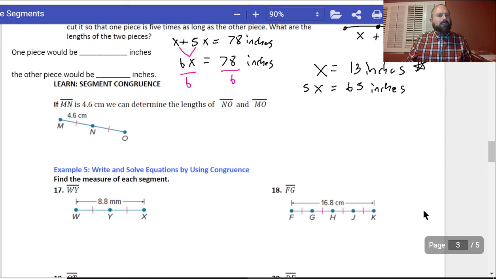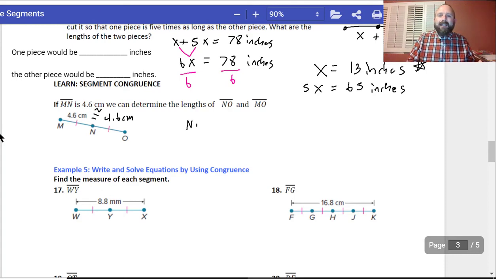All right guys, we're on the last part of this. Line segment congruence. This is one of those we should already know, but let's go over it again. If MN is 4.6, we can determine the length of NO and MO. If these are congruent, not equal, but congruent, then they have the same value.